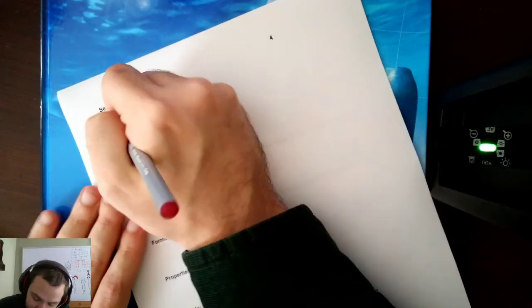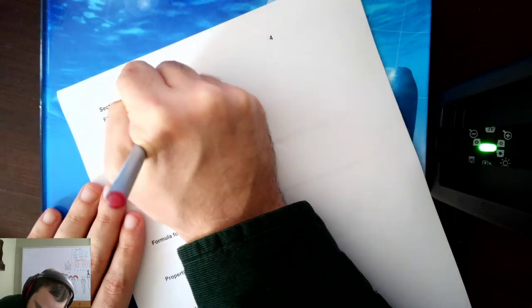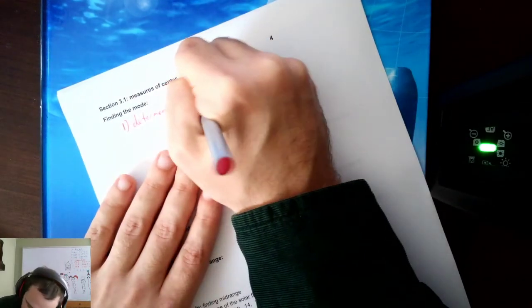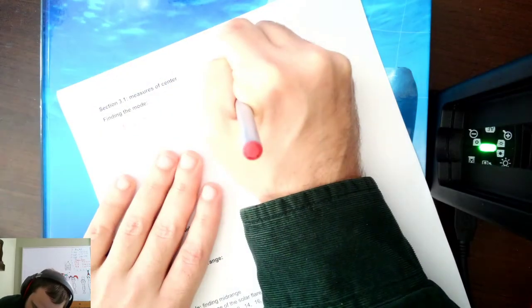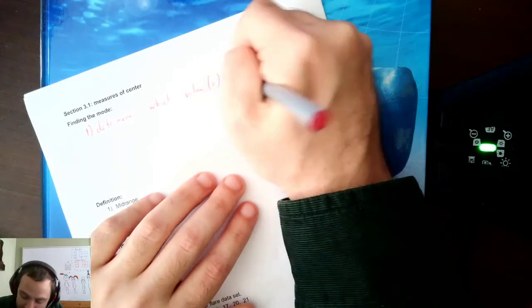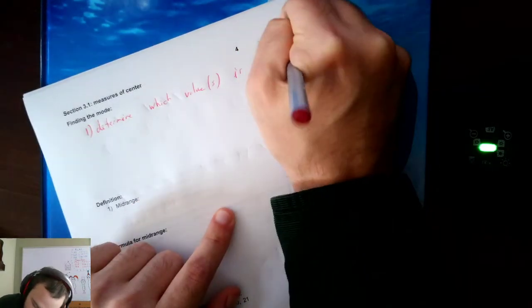Now, let's talk about finding the mode. Finding the mode is step 1. Determine which value or values are or is, which value is repeated the most.